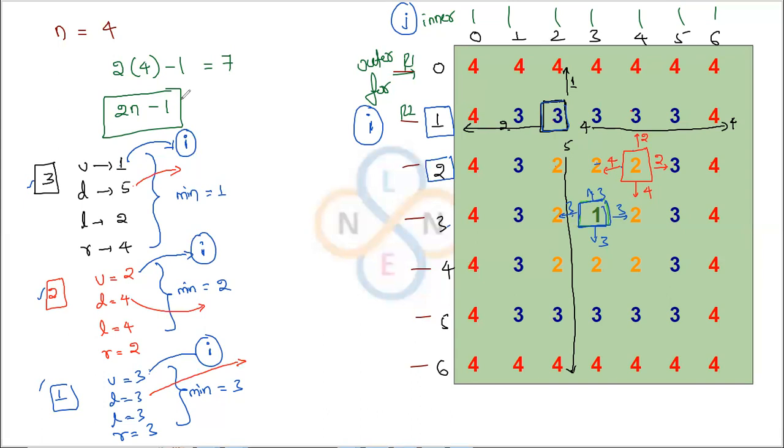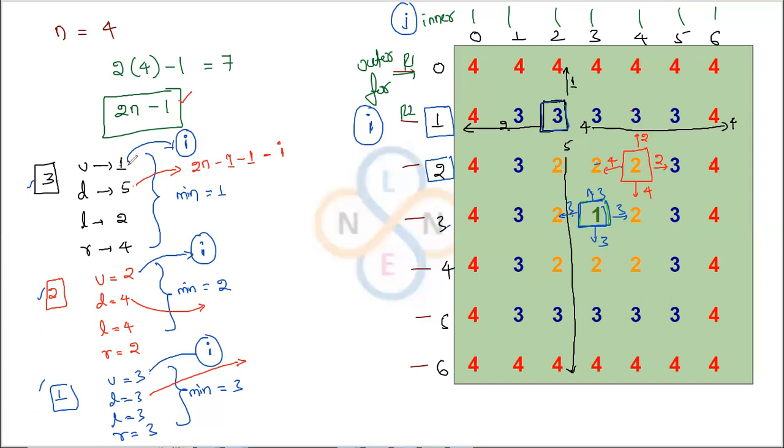So what is the standard form of this one? 2n minus 1. When we take the same 2n minus 1, what is 2 into n? 2 into 4, 8. 8 minus 1, 7. 7 minus 1, 6. 6 minus i. What's the i value here?